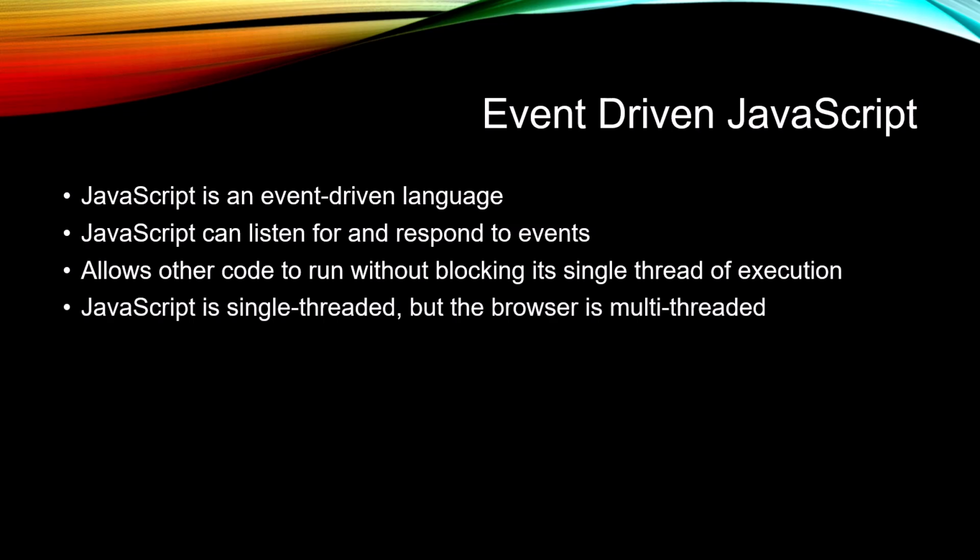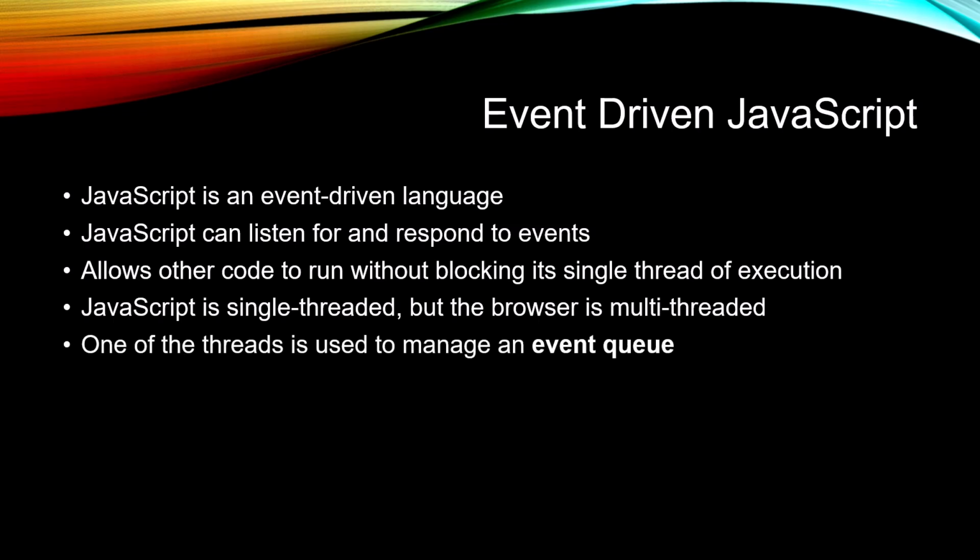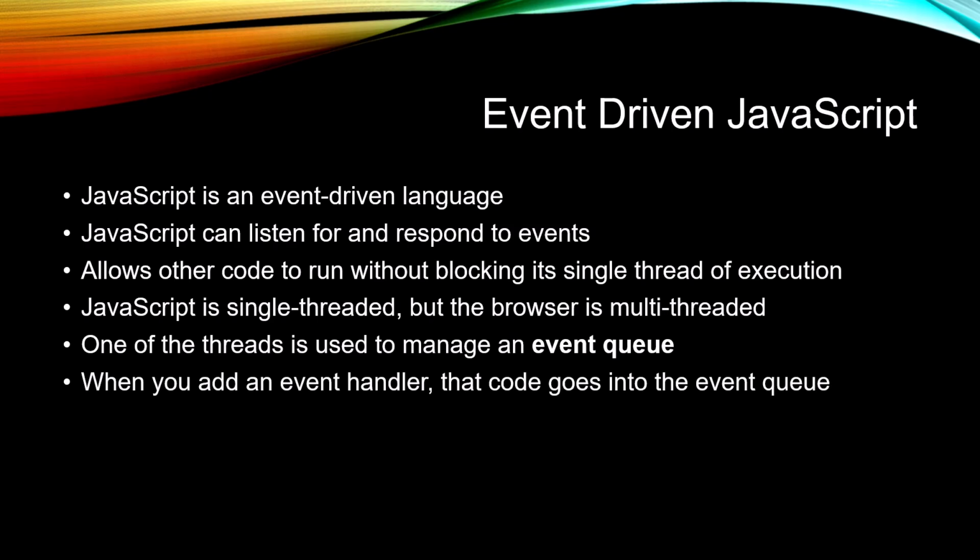JavaScript is single-threaded, but the browser itself is actually multi-threaded. So one of these threads in the browser is used to manage an event queue. So when you add an event handler, like a button click, that code goes into the event queue.